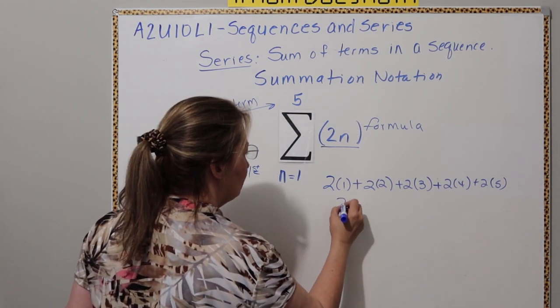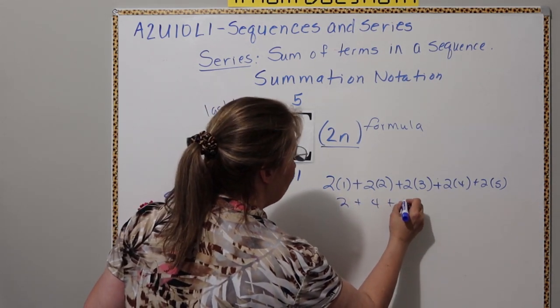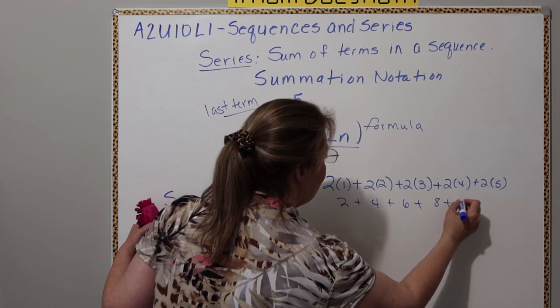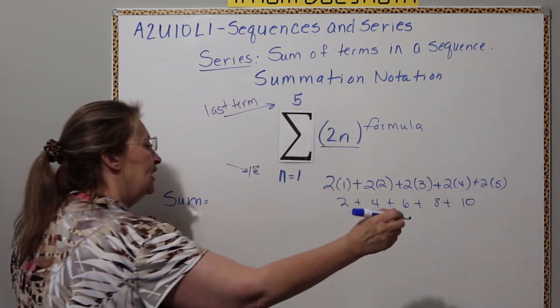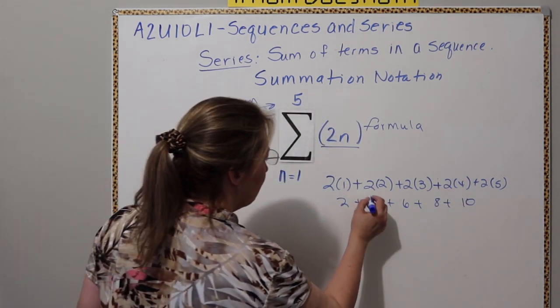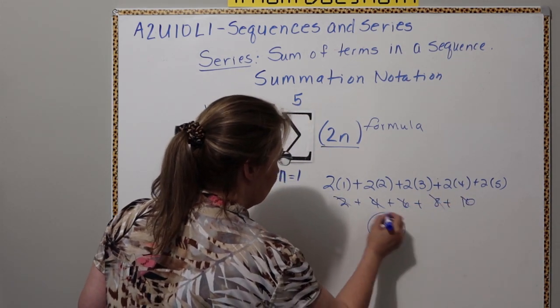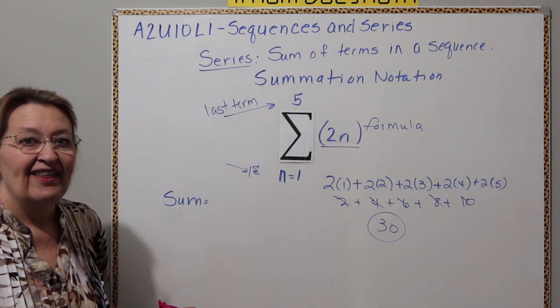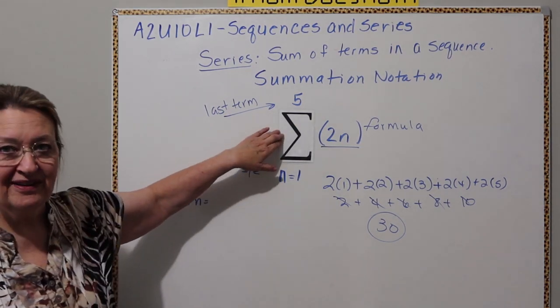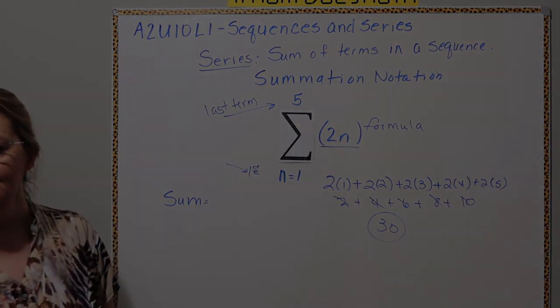So let's do the math. 2 plus 4 plus 6 plus 8 plus 10. And then we're going to add them all together. So here's 10, 20, plus 10 is 30. That's all the big scary sigma thing is.